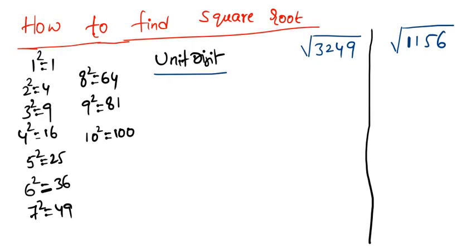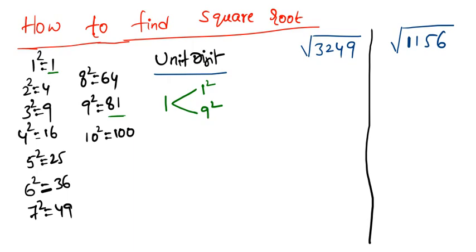If you look at 1 square equals 1, and 9 square equals 81, 1 is the units place for two numbers. In the sense, if any square ends with 1, the number may end with 1 or with 9.